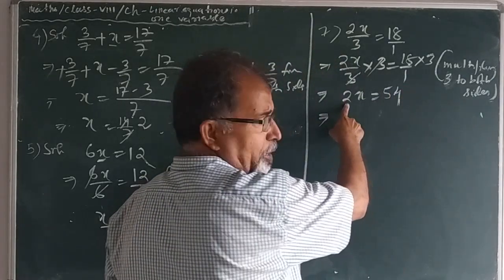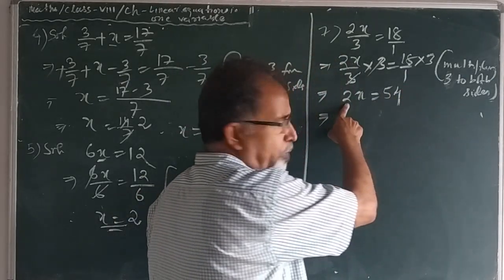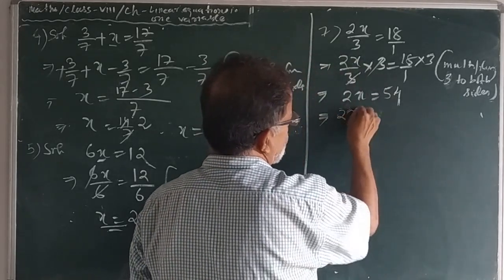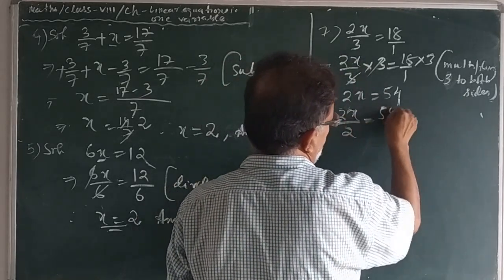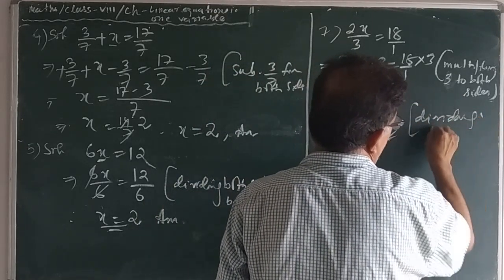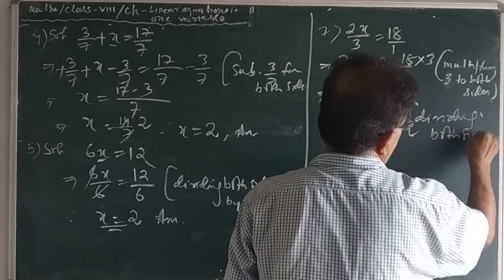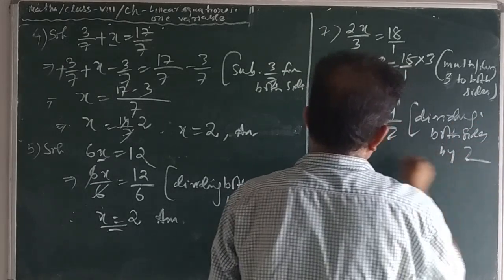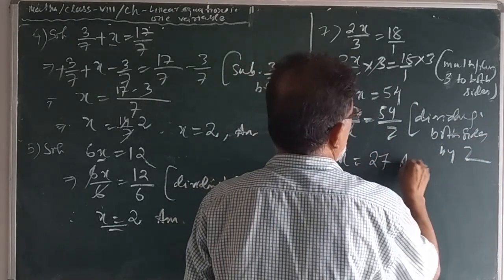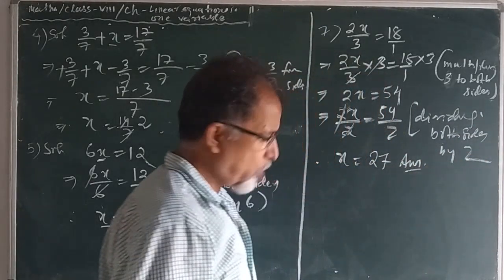Once again we have to remove this 2, and this 2 will be removed by dividing both sides by 2. 2x by 2 equal to 54 by 2, dividing both sides by 2, x equal to 27, which is the required solution of the equation.